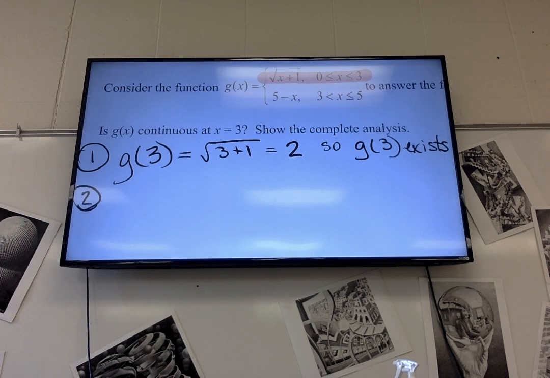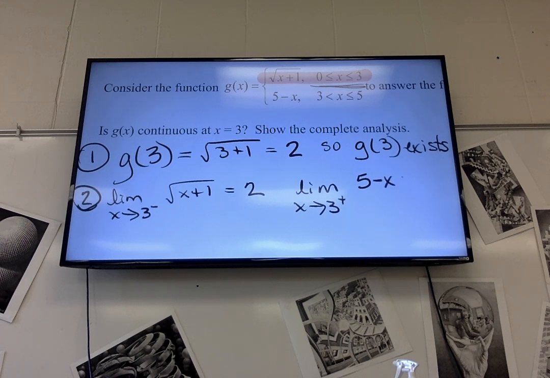So then number 2, I need to look for the limit as x approaches 3 from the left. As x approaches 3 from the left, I use the top equation because this is to the left of 3, and that gives 2. And the limit as x approaches 3 from the right is 5 minus x, which is indeed 2.